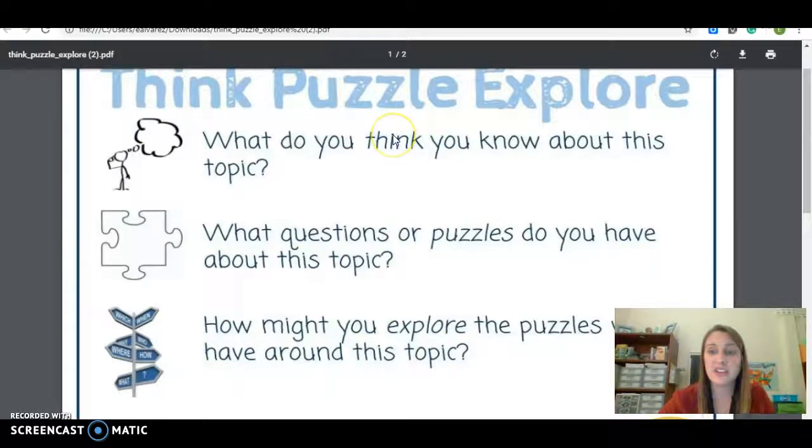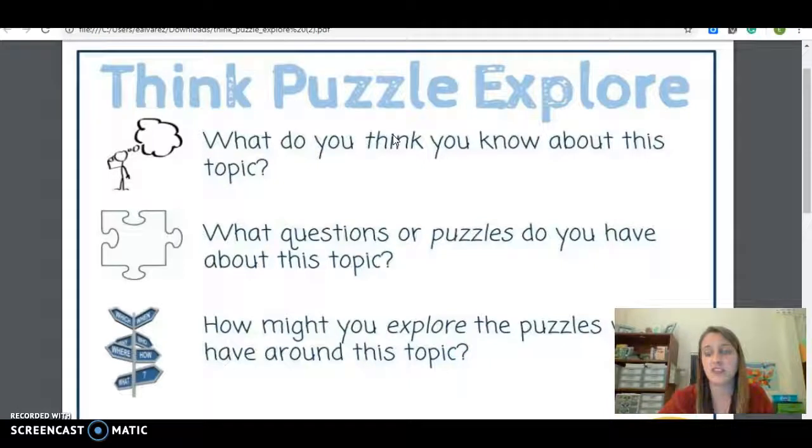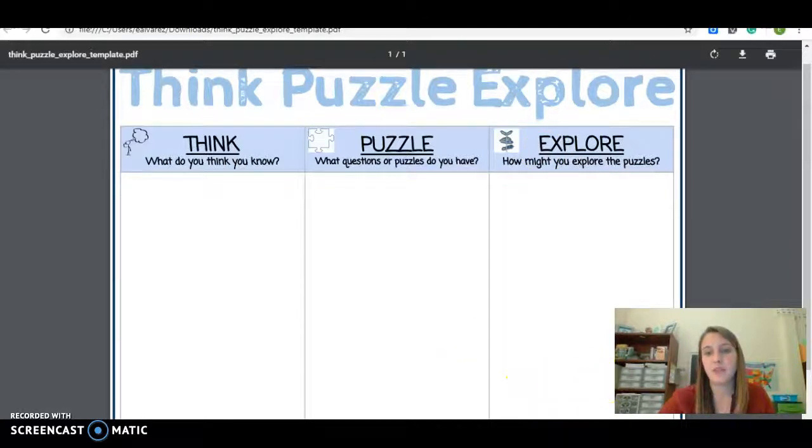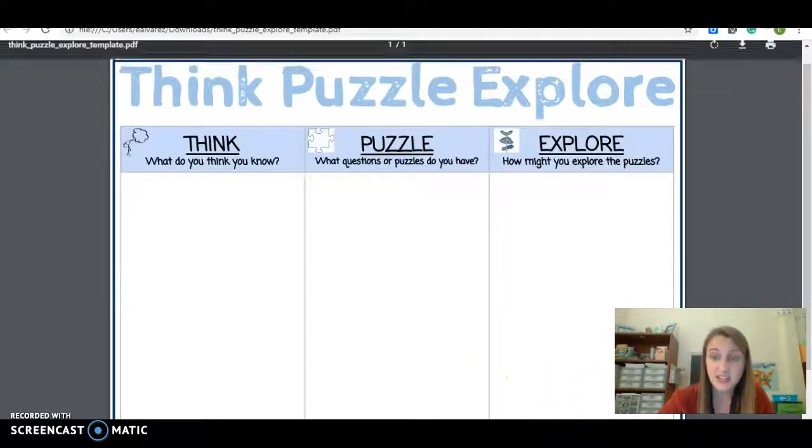This might be good to keep inside of a sheet protector inside of your binder, along with a couple of copies of this sheet, so that way you can refer back to it as needed and you already have it ready to go. Remember, don't feel like you have to do this formally. You can do it informally and keep a mental note about it. But there's lots of different ways to utilize this, as well as make it digital if you want to make it digital too. Put it in a Google Doc.